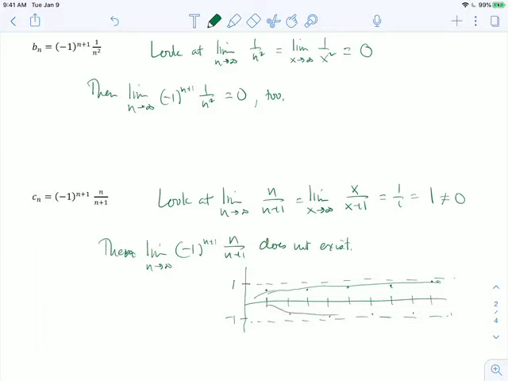My terms down here are approaching -1. So the terms overall are not approaching any one single number, so the limit does not exist.